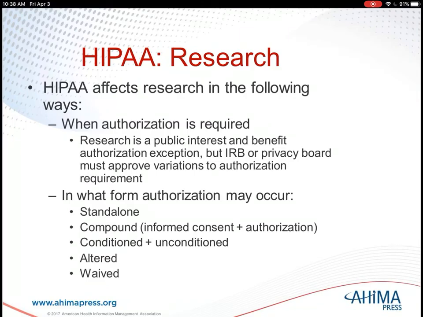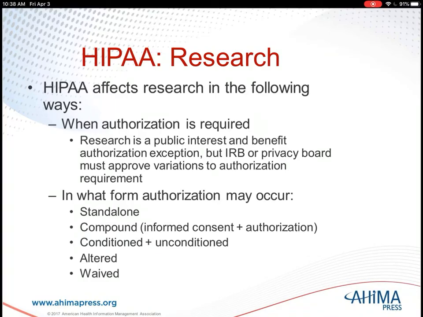So you do not have to have an authorization if the IRB or privacy board has approved the study pursuant to waived authorization, so that means there's no authorization required, or altered authorization. That could be where one or more standard element is not present. Now, waiver is only permitted if the use or disclosure provides only a minimal risk to the patient's privacy.